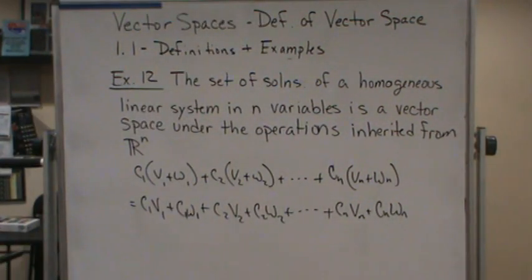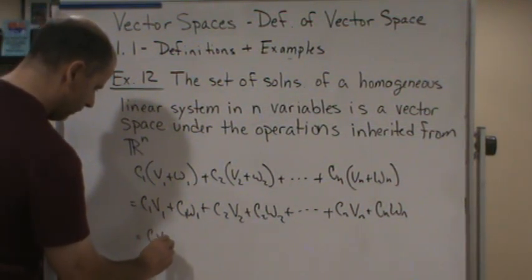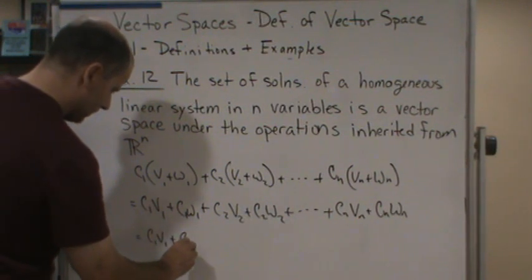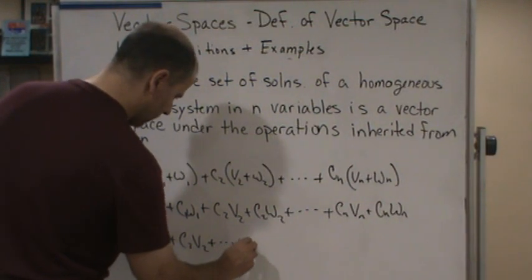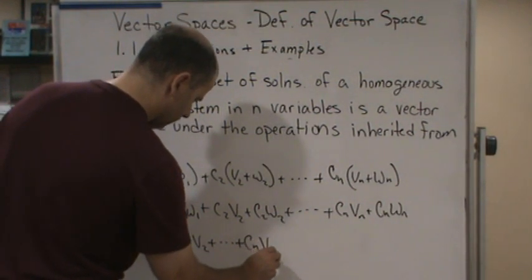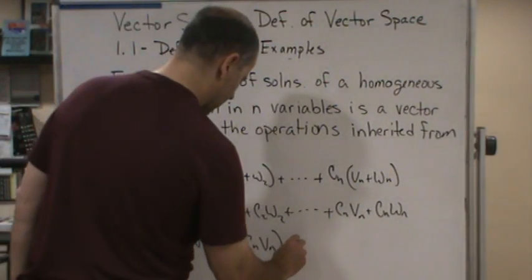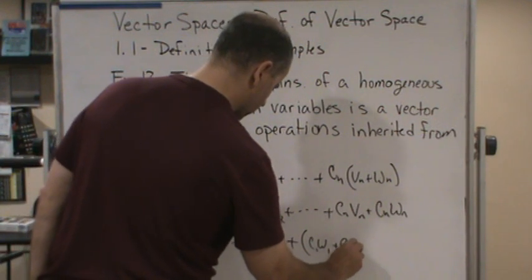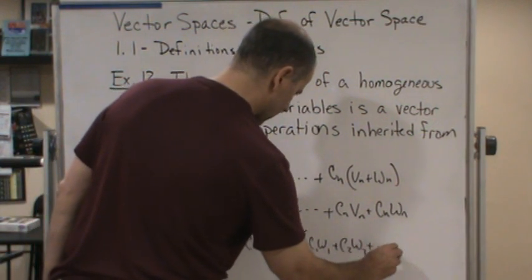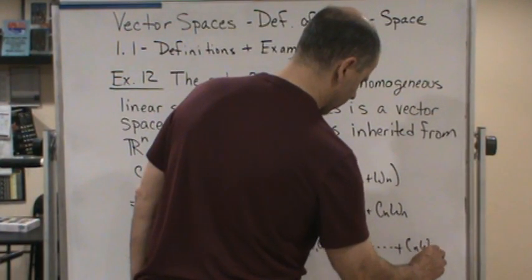Well, now we can use the commutative property and move things around. And so we're going to get what? We're going to get C1 V1 plus C2 V2 plus dot dot dot plus Cn Vn, right? So we can group that together, plus C1 W1 plus C2 W2 plus dot dot dot all the way to Cn Wn.